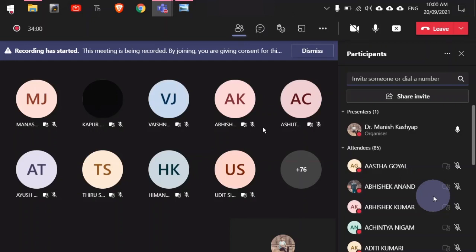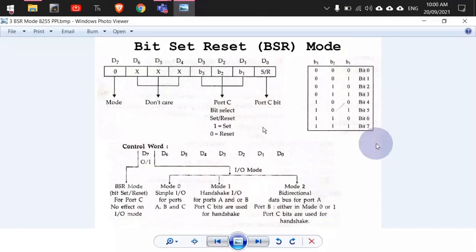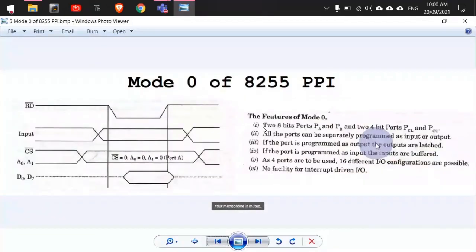So okay, we will discuss these modes and their timing diagrams next time, together with interfacing of a keyboard. And the keyboard that we are going to interface is also a very minimal kind of keyboard. It's not that complete Windows keyboard or Mac keyboard that you see. We will have a simple 4x4 keyboard for this 8085 or 8086.